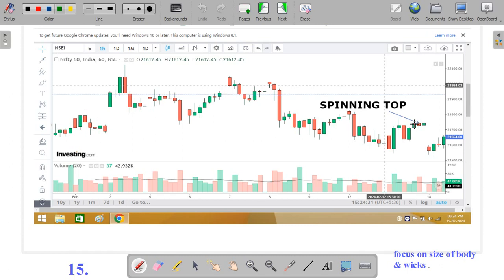So spinning top also is like a confused state. Like here, it is not saying that it will go up or go down, right? But market is market. Spinning top does not say anything; the market has gone down, and it could have gone up also here. Fine. So this is also your spinning top, right?